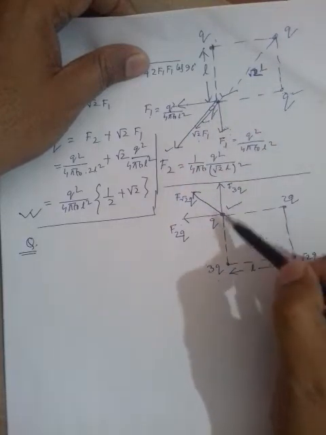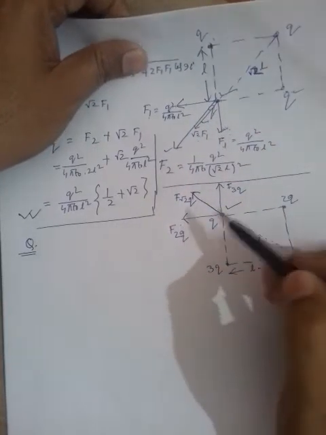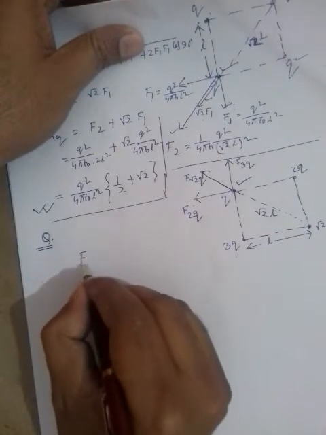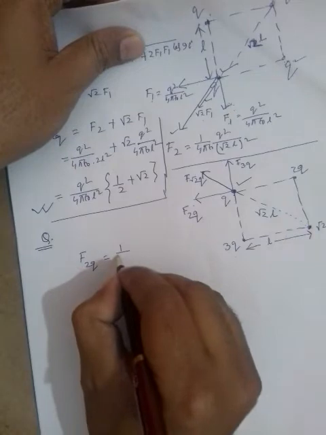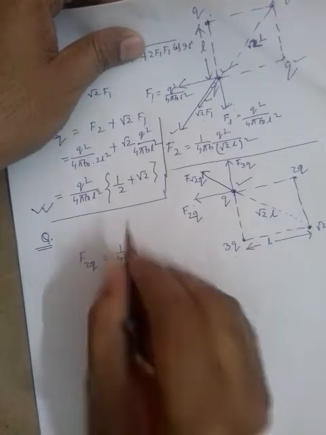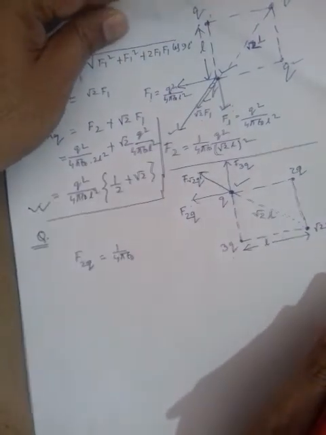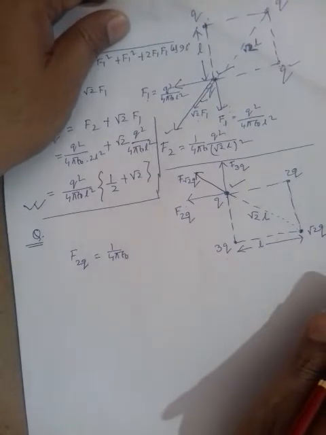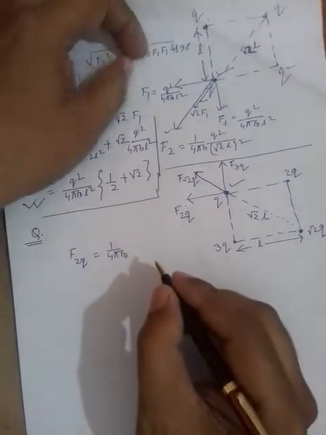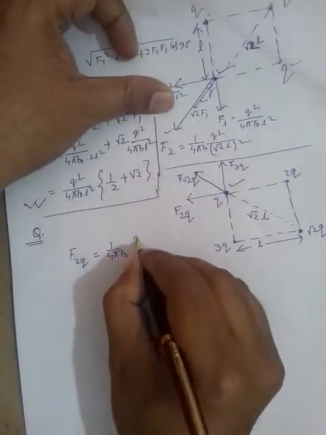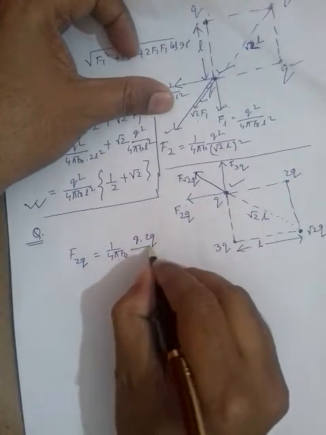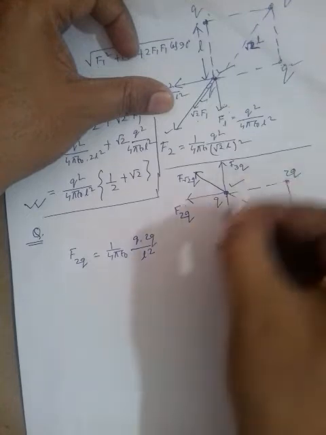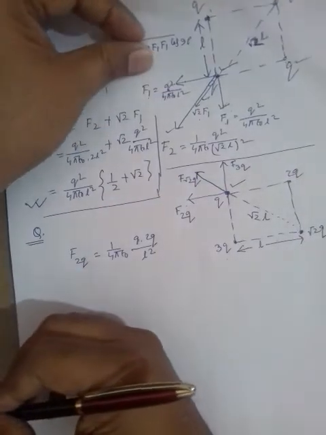Now what is the force in this side and what is the force in this side? If you calculate, it is the force because of the charge twice q acting on this q. It is 1 by 4 pi epsilon naught, because no medium is mentioned. So I am going to consider that it is either kept in air or in vacuum. It is q into twice q divided by the distance of separation, which is L because it is a square.